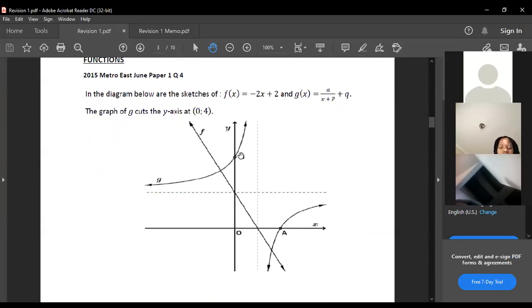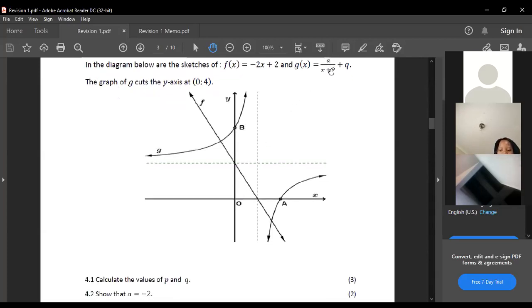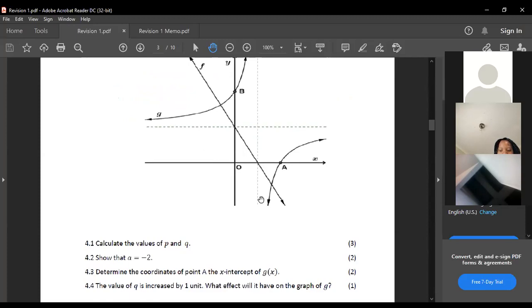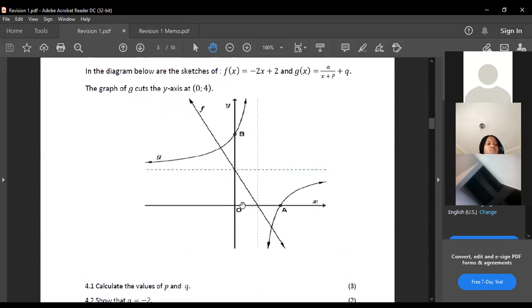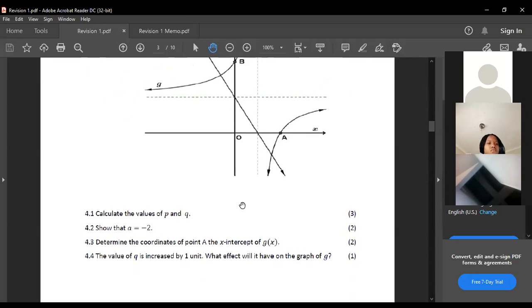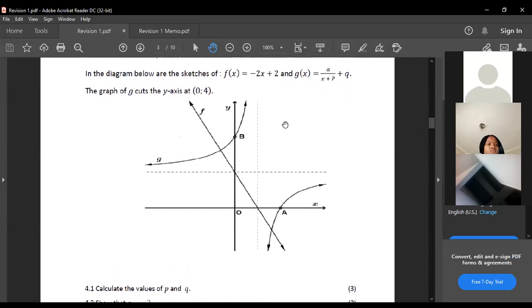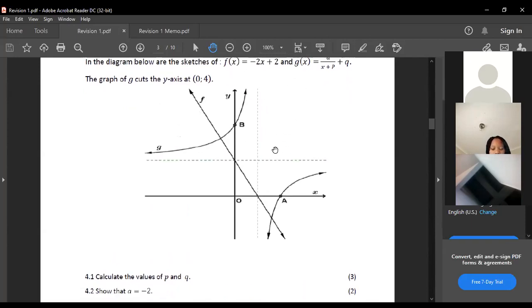With a hyperbola, you can be either given the diagram and asked to find A, P, and Q, or be given the equation and asked to sketch, or be given the sketch and asked about the equation. So you need to look out for this as well.